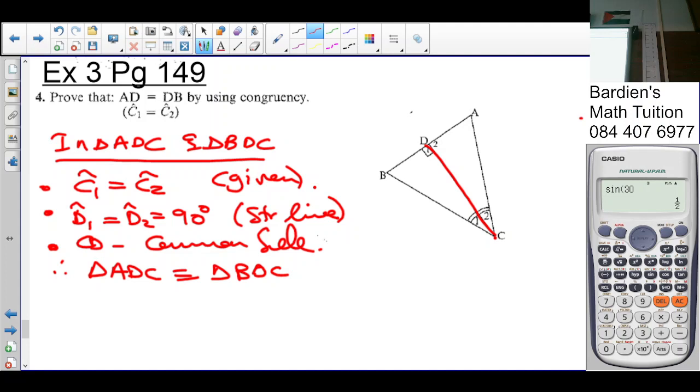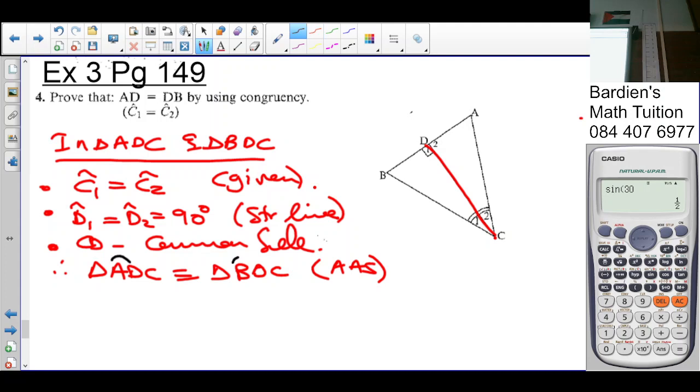Why is that the case? Angle, side. Can you see that? And what case of congruency is this? The question says we must prove that AD is equal to BD. Now, this is the reason why order is important.